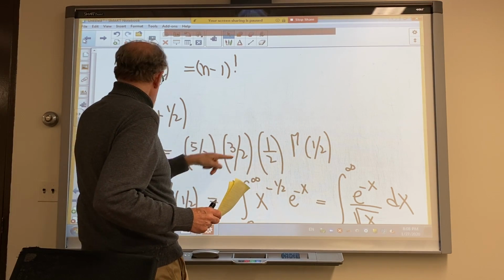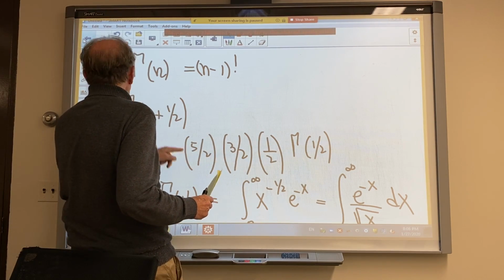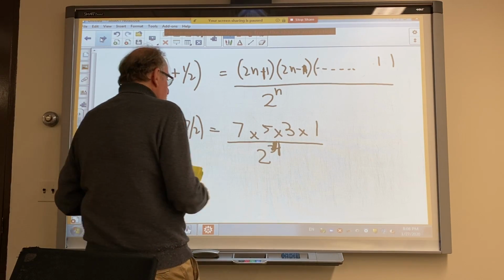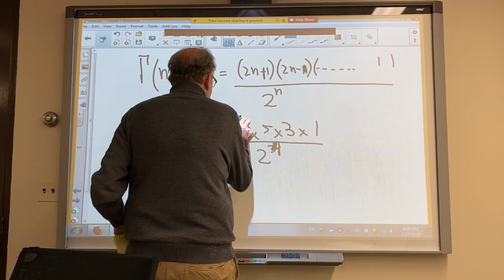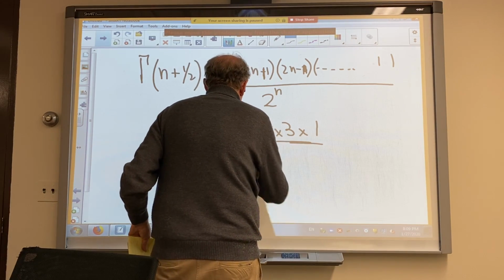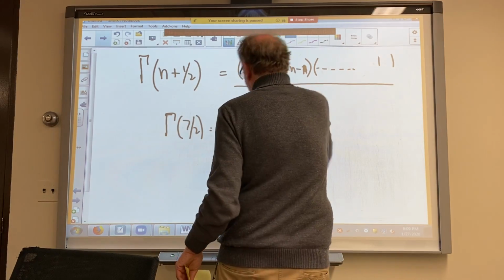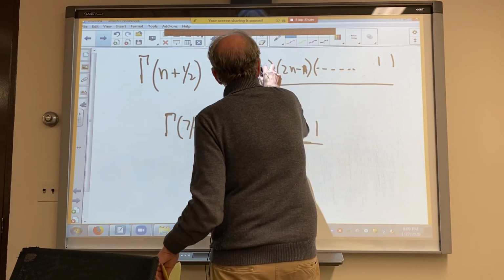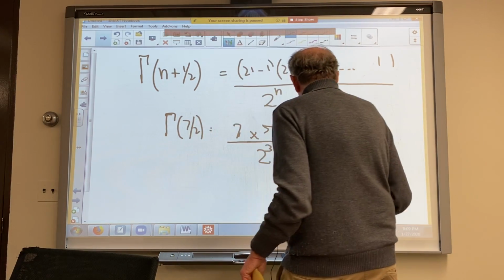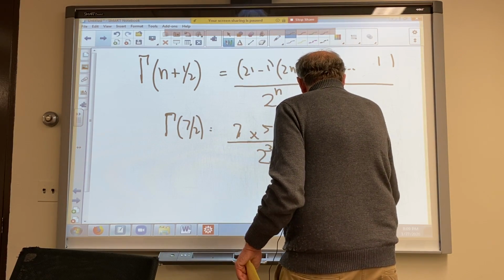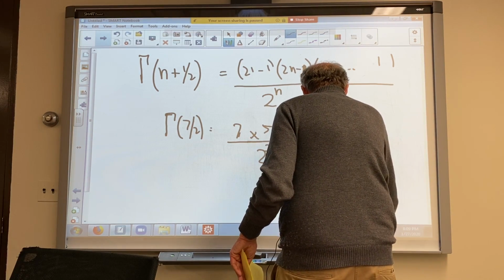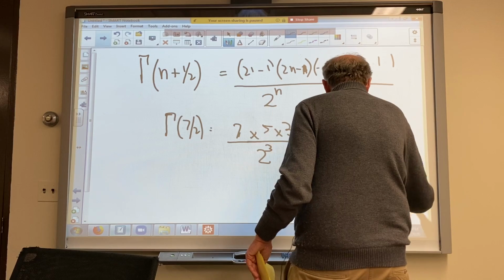For 7/2 I start from the 5, and I have 2 to the cube. So I start from 2n minus 1, and I have 2 to the n. So I get 2n minus 1 double factorial divided by 2 to the n, times square root of pi.